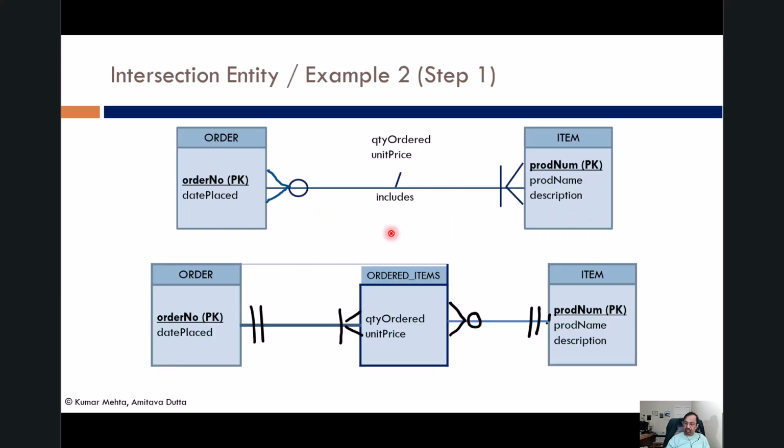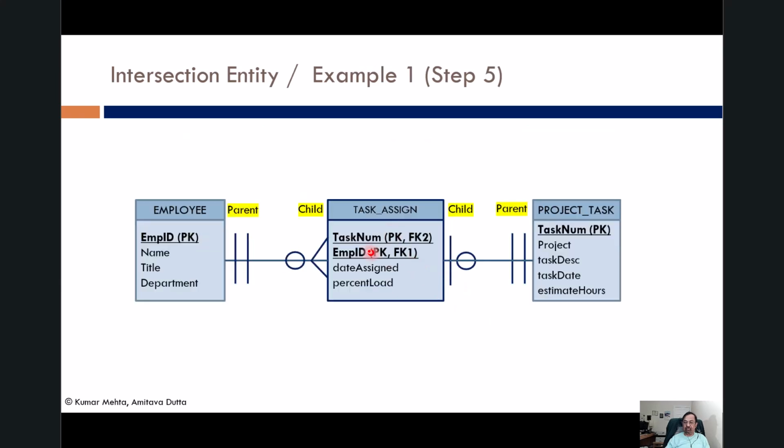However, now that I have specified that task number and employee ID are jointly the composite primary key, they cannot be null. If a primary key can be null, you cannot uniquely identify every instance of that entity. So as soon as I specify that task number and employee ID are together the primary key, I also have to specify that they cannot be null.